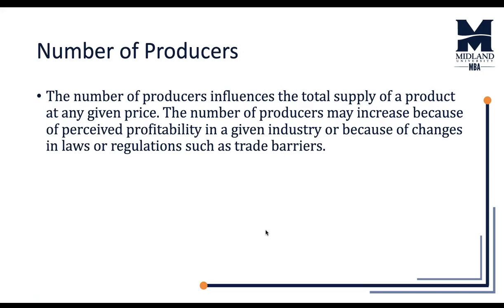Over a period of time, the number of producers in China just significantly increased. And then the number of producers in the United States just went down, because there is only a certain total supply of a product that the market could absorb.